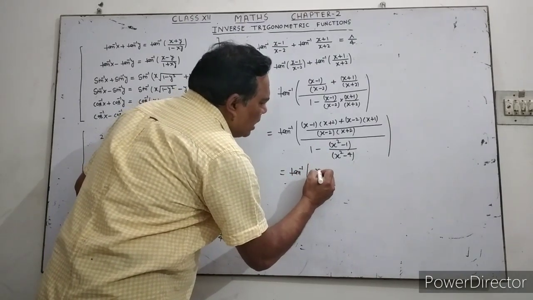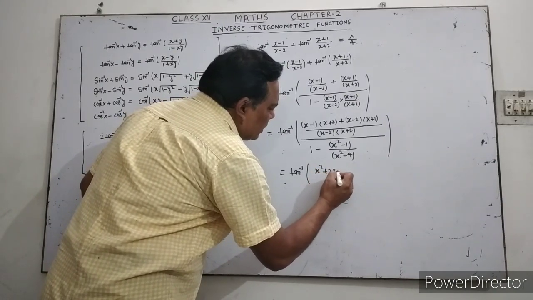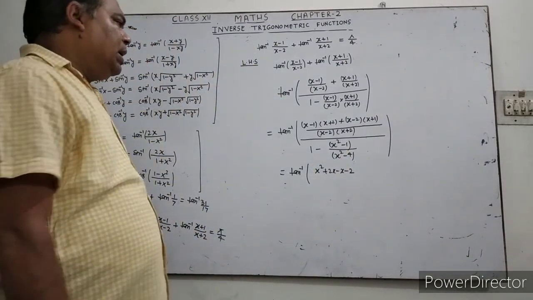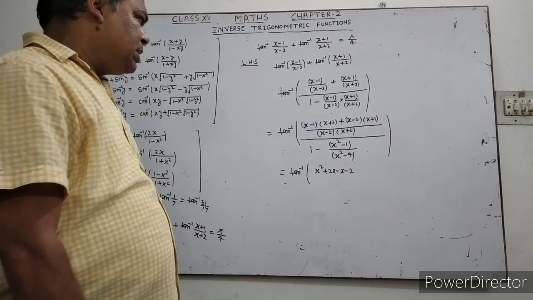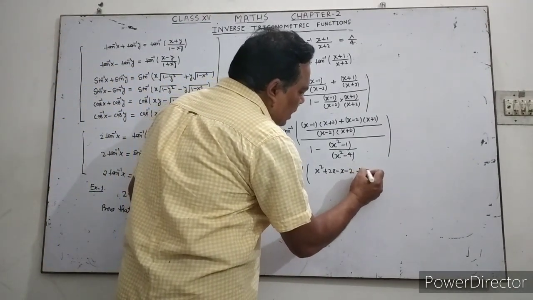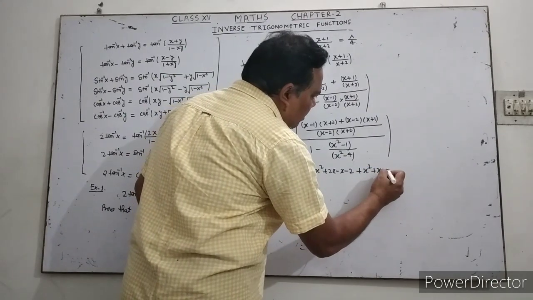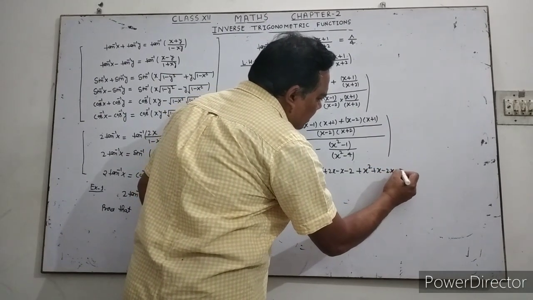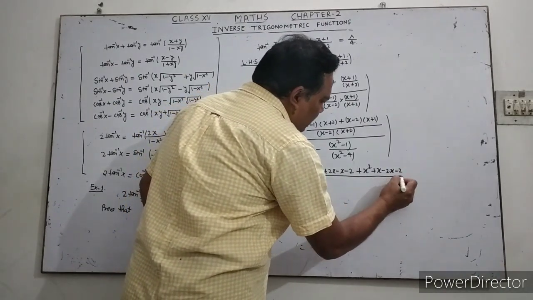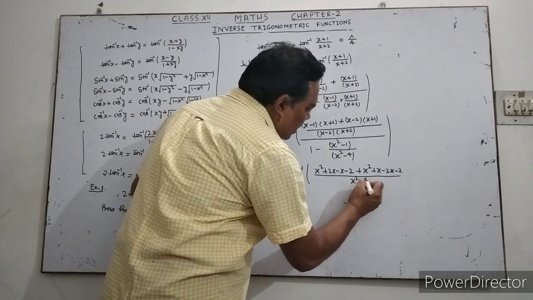Tan inverse of x square plus 2x minus x minus 2, plus x square plus x minus 2x minus 2, divided by x square minus 4.